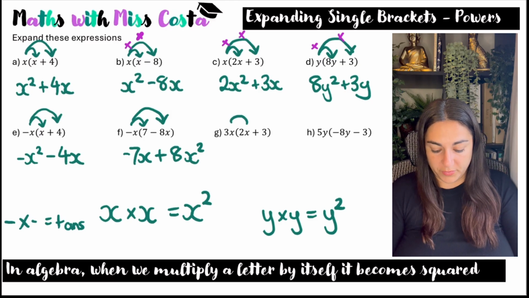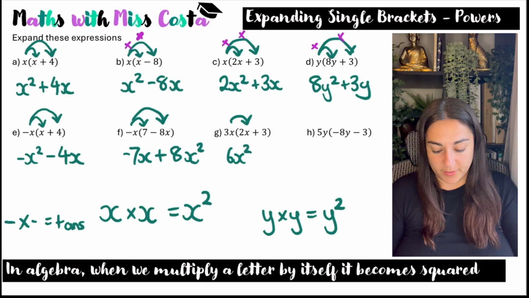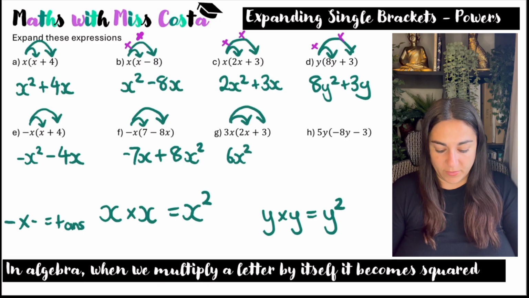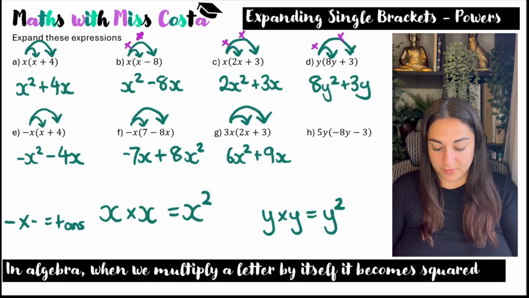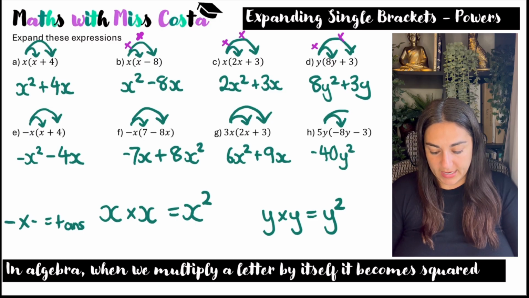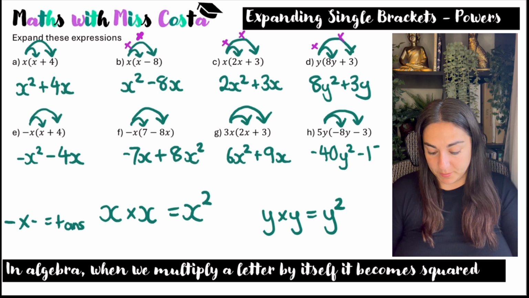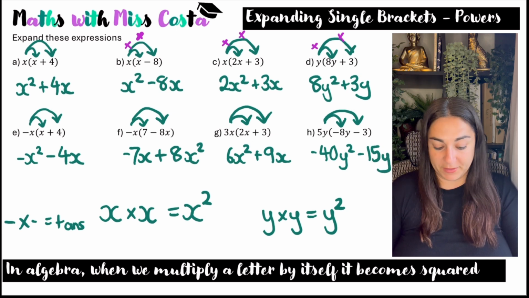Then we've got 3x times by 2x, so 3 times 2 is 6, x times x is x squared. And then we've got 3x times by 3, which is 9x. For the final one, we've got 5y times by minus 8y, so that would be minus 40y squared, and 5y times by minus 3, so 5 times minus 3 is minus 15, so it'd be minus 15y.